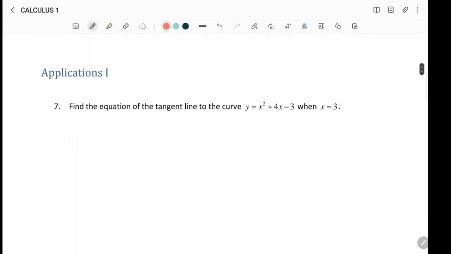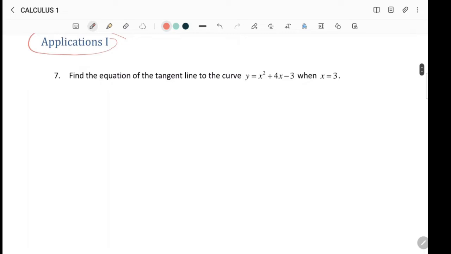Now applications, application of derivatives. So application 1. Application 1 means here we need to find the equation of tangent or equation of normal. It depends on the question. Okay, so find the equation of tangent line to the curve.